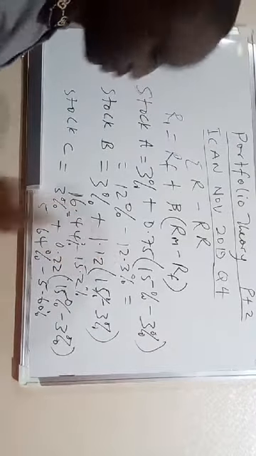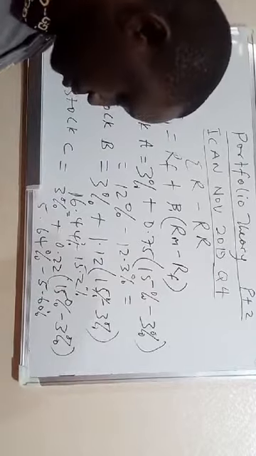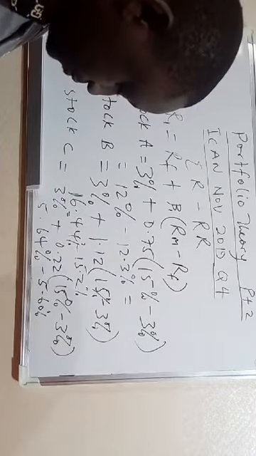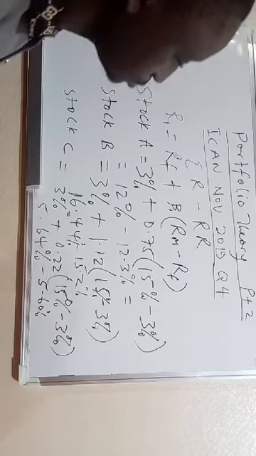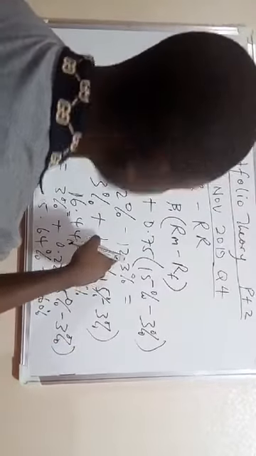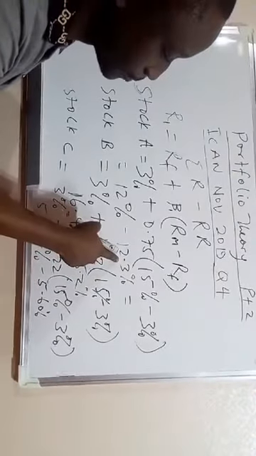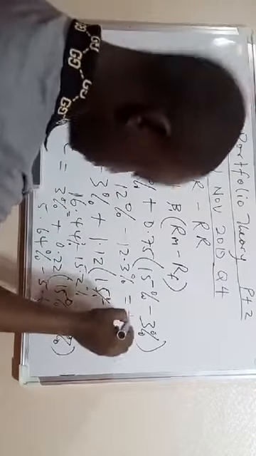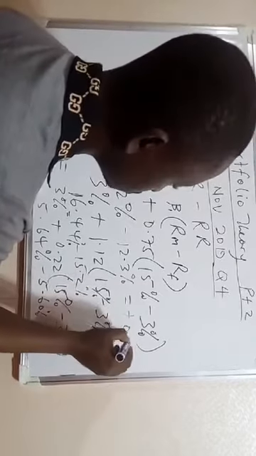So 12.3 minus 12. This is positive. The expected is higher than the required, so it is positive 0.3.